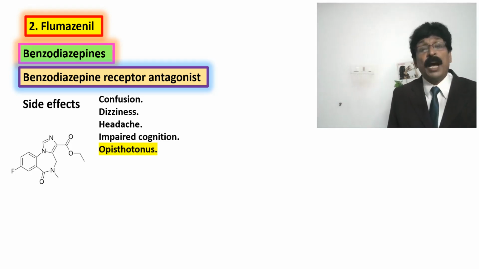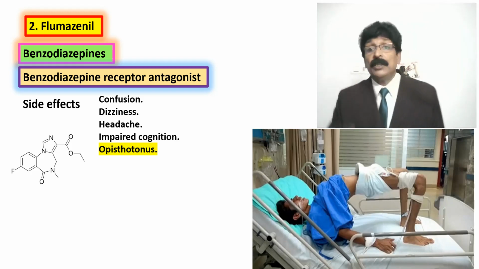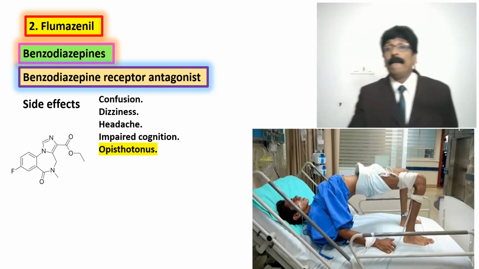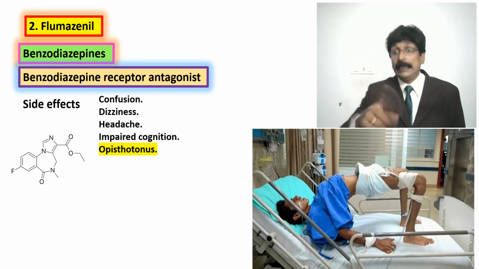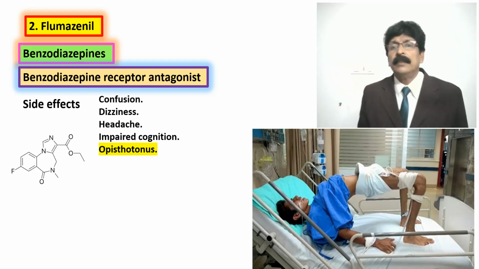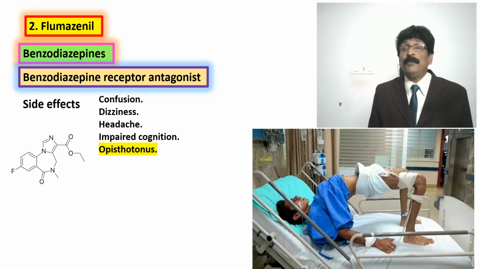opisthotonus. What do you mean by opisthotonus may happen? That means the person's body becomes like tetanus, it will become stiff starting from the neck.